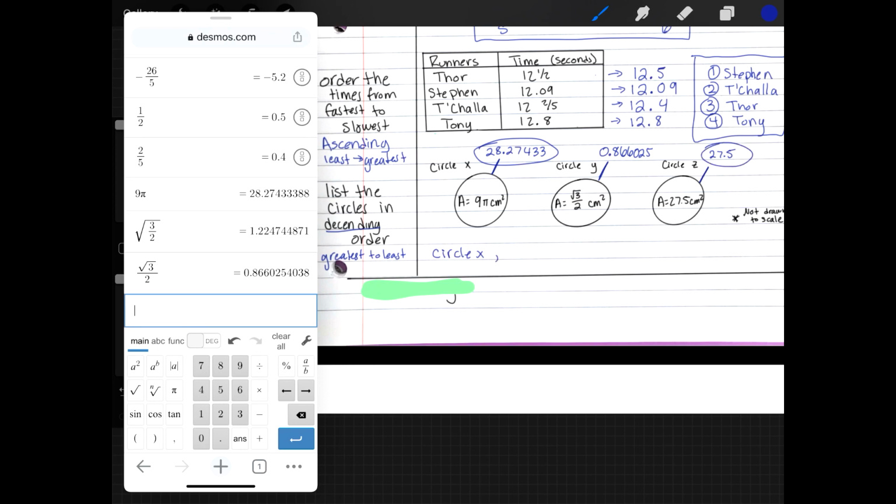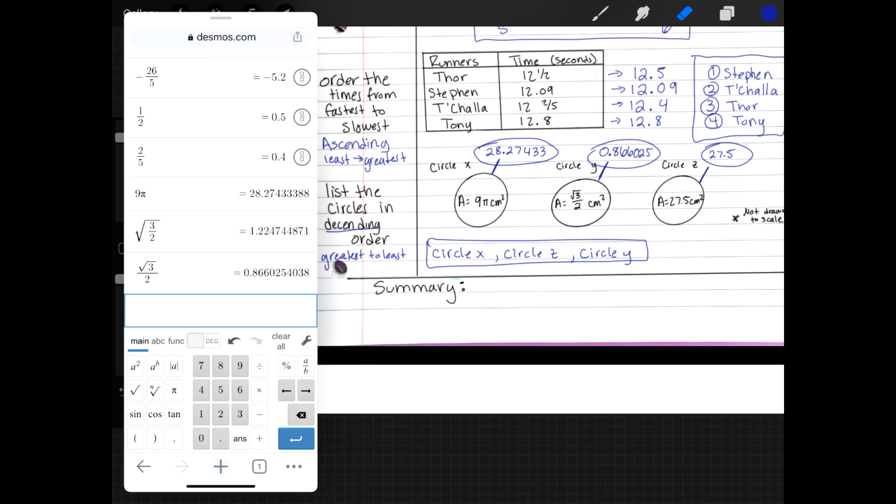Then we have circle Z with 27.5. And then the least one is circle Y with 0.866. Oh, wait, no. I want to put circle Y. Circle Y. And that is my order.